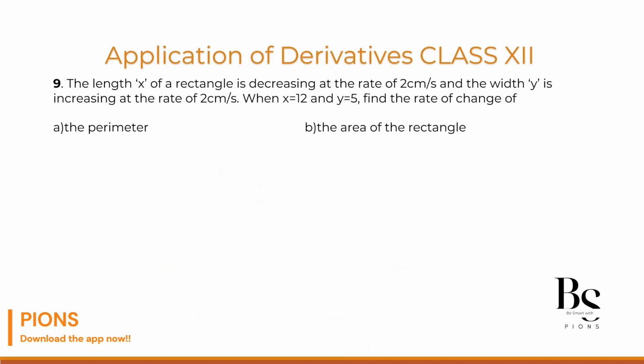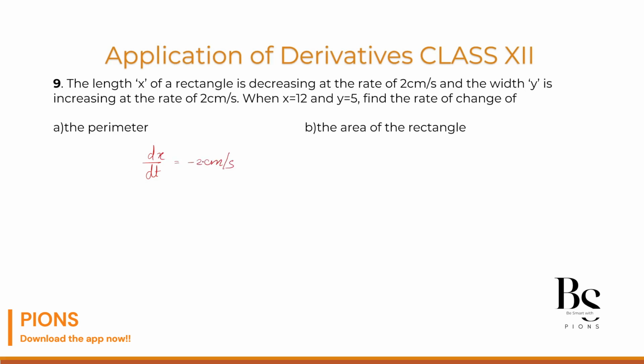Our next question is question number 9. It says that the length x of a rectangle is decreasing at the rate of 2 centimeter per second. Quite an interesting question. Most of the students go wrong here due to a silly mistake. And what's that silly mistake? Since the length is decreasing, dl by dt, or since they said L as x, dx by dt, they don't take this negative sign.